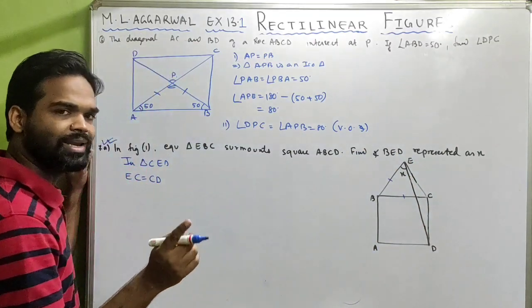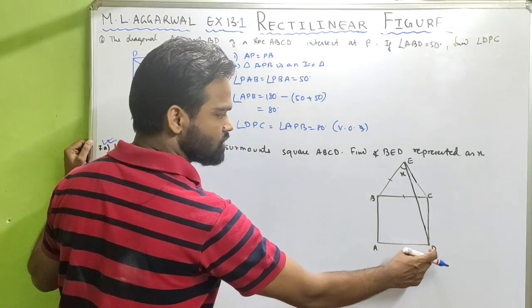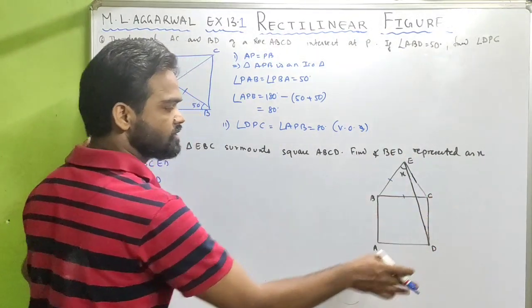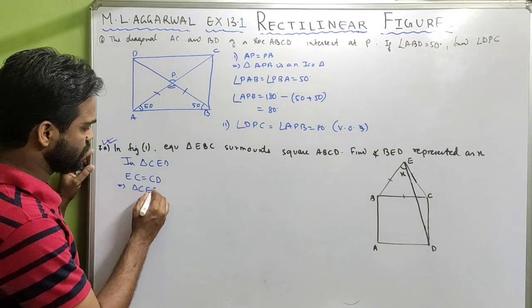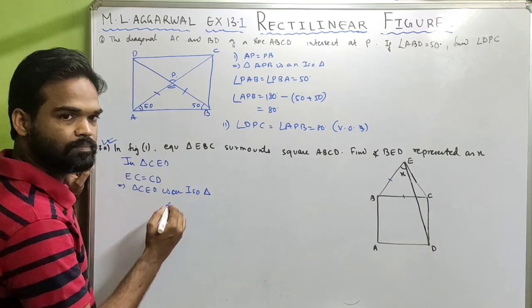BCE is an equilateral triangle. Over there all the sides are the same, which means BC will be equal to CD and BC is equal to EC. Ultimately EC and CD will be the same, which means you can say triangle CED is an isosceles triangle.